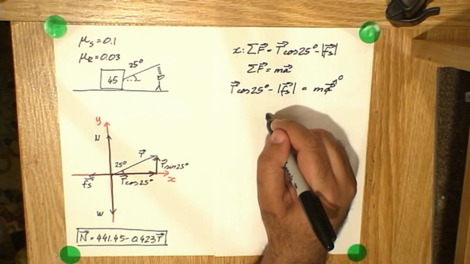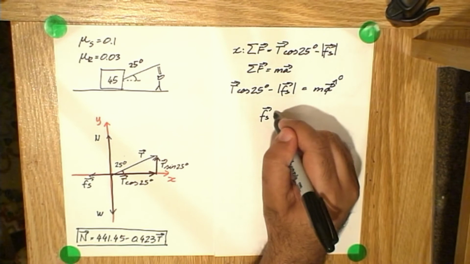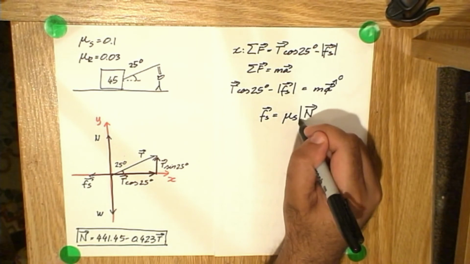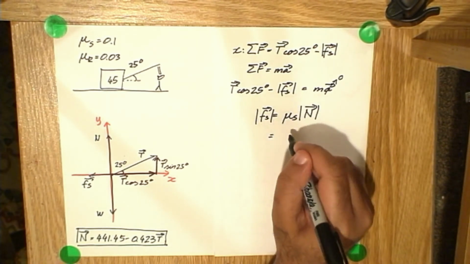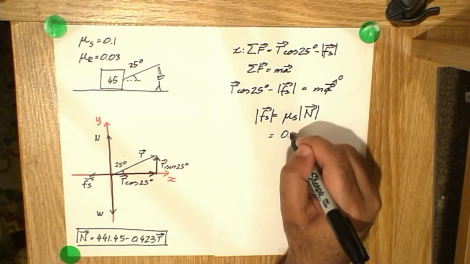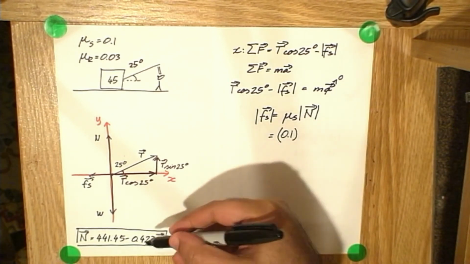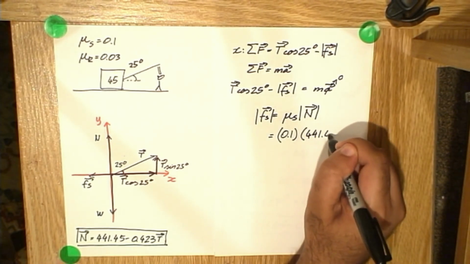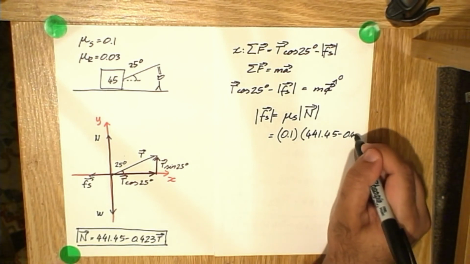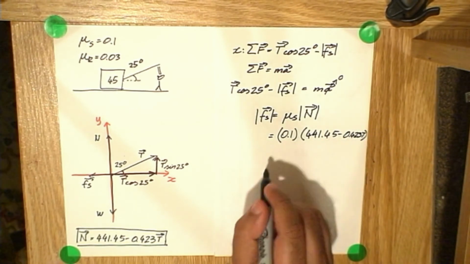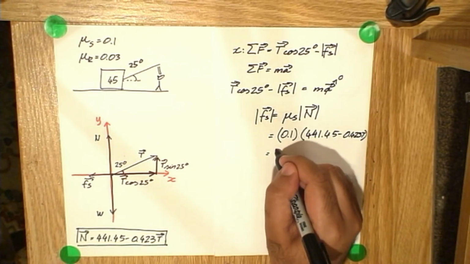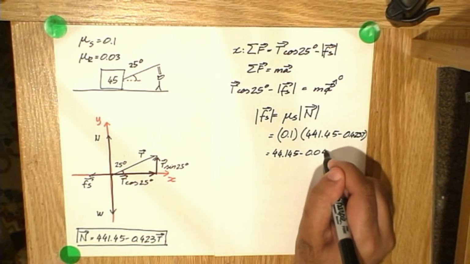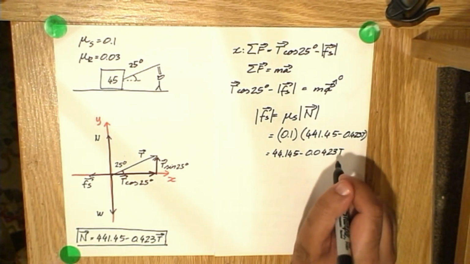Now let's solve for the static friction. Static friction is equal to mu sub s multiplied by N, which works out to mu sub s, 0.1, times a normal force, 441.45 minus 0.423 tension, which will simplify to 44.145 minus 0.0423 times tension.